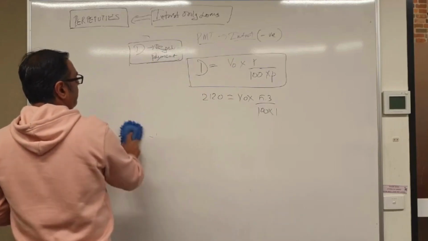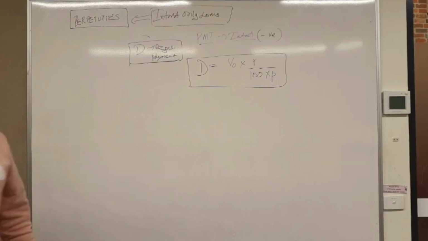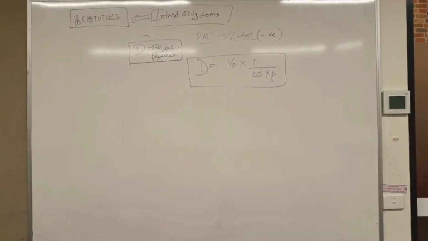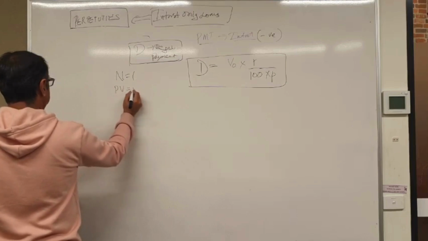Let's do part A and let's solve it one by one. Cool, go for it. Question number 14 part A. Now it says Svetlana borrows $320,000 on an interest-only loan. So that means N is 1, PV is what?